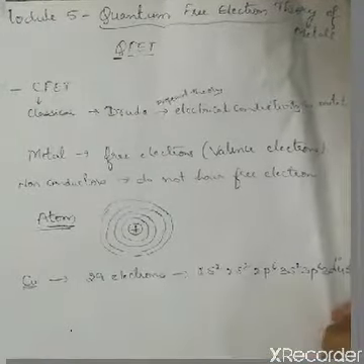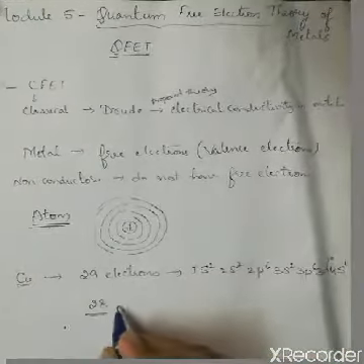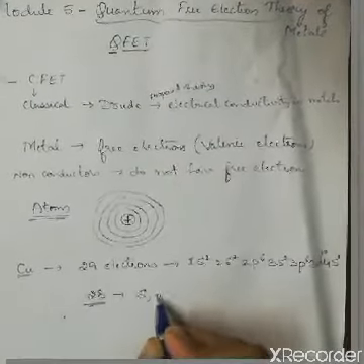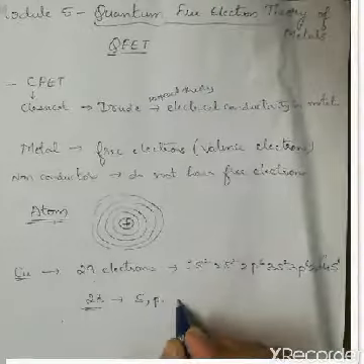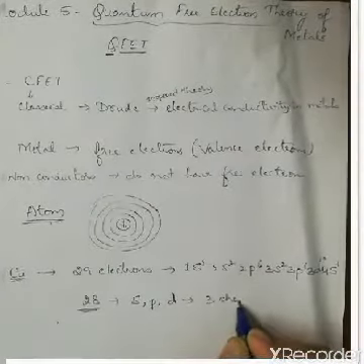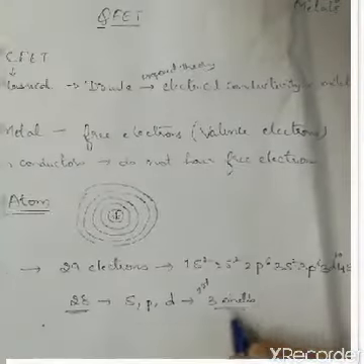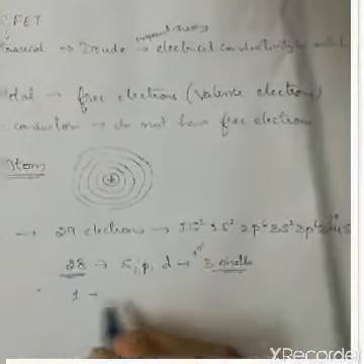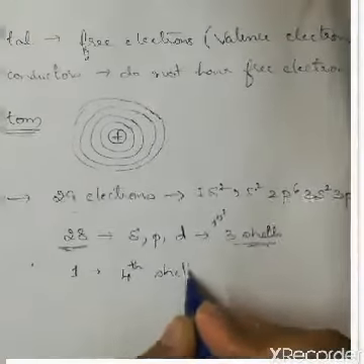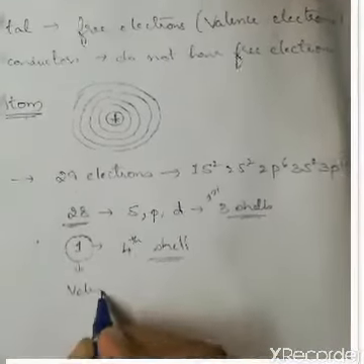So 28 electrons are present in the s, p and d shells, that is the first 3 shells, and 1 electron is present in the 4th shell, and this 1 electron is the valence electron.